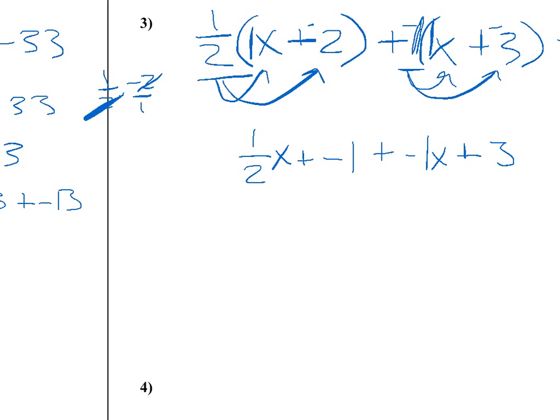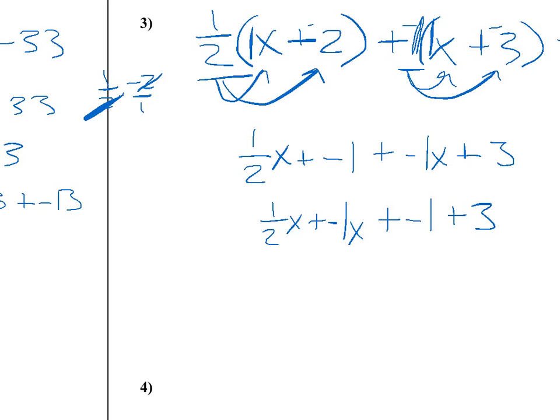So the next thing I should do is what? Kevin. Yeah, commute my like terms. So I'm going to end up with 1/2 x plus -1x plus -1 plus 3. Now I need to combine my like terms.